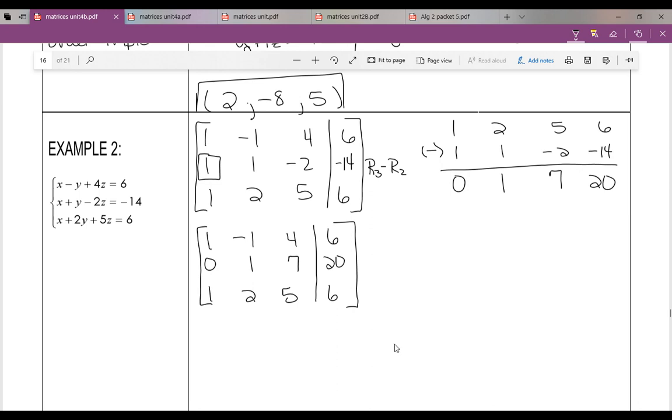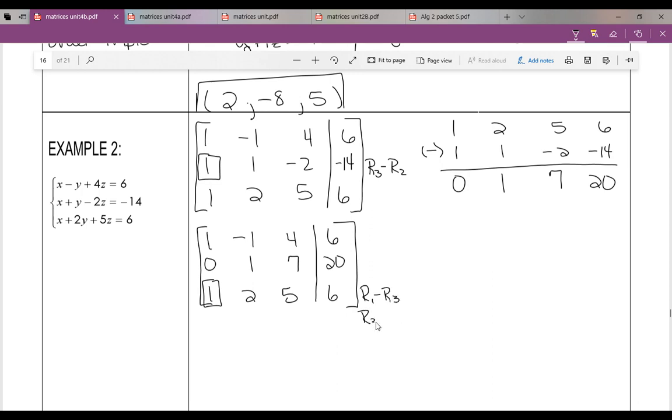All right. Now, sometimes you get lucky, sometimes you don't. So now I'm going to go after this 0. What can I do to get that 0? Could I say row 1 minus row 3?